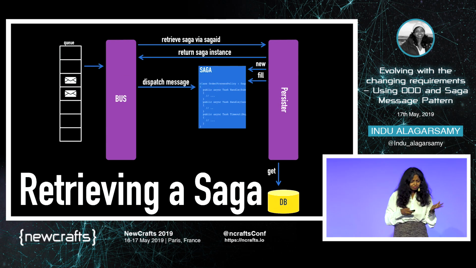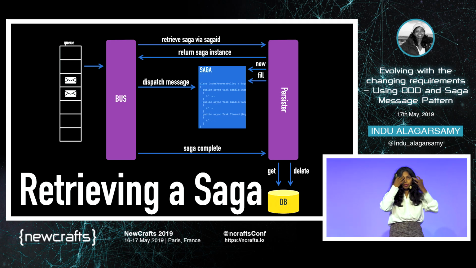And then it can again do whatever it needs to do. This is where it executes your logic, and it could complete the process. If those two events or messages complete the process, it marks it as, okay, this saga is now complete, and then it deletes that instance object that it has.